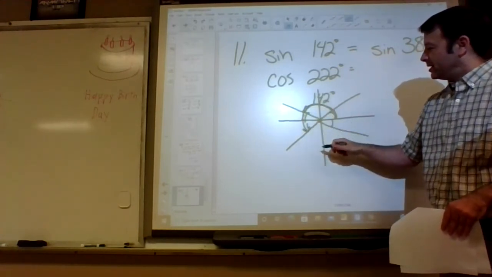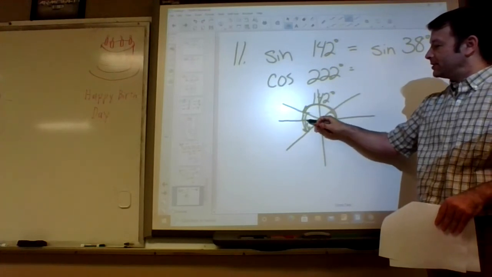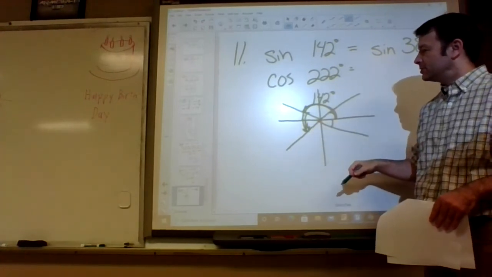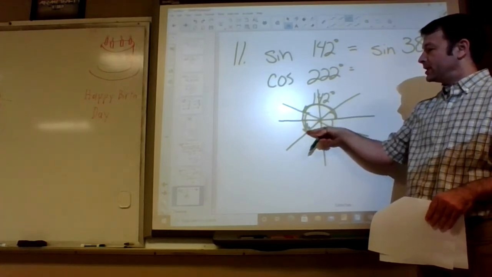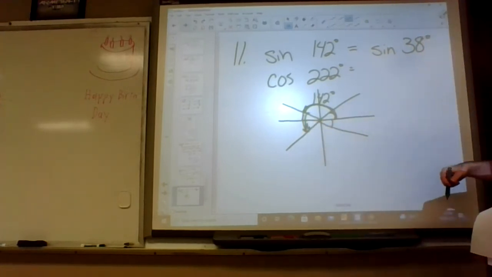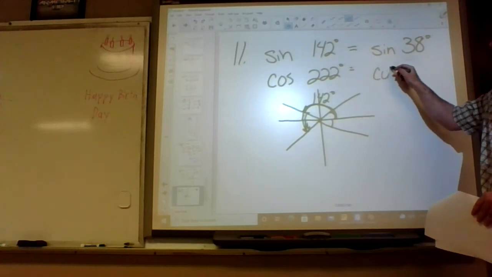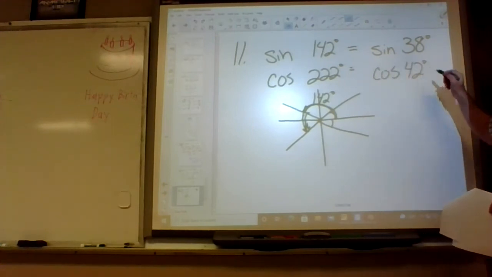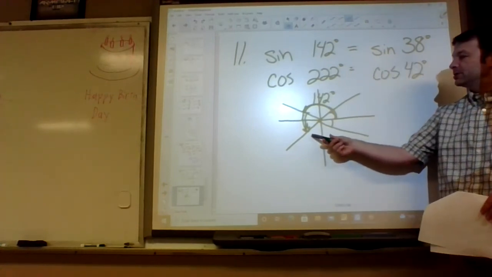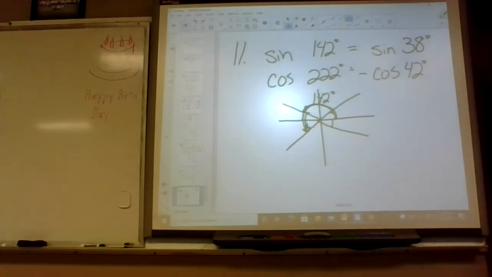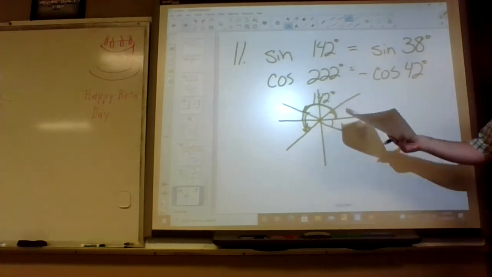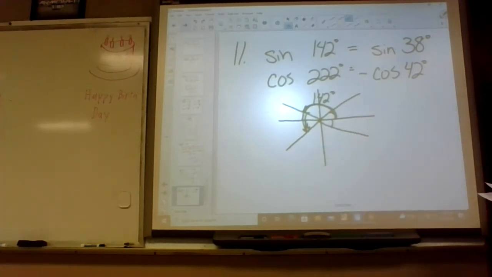Now, how do we find the reference angle if it's in the third quadrant? 222 minus 180, that'll give you that gap right there, which is 42. Is cosine positive or negative in the third quadrant? I think it is negative. Negative, so you gotta throw a negative on there. Isn't cosine and sine both negative in the third quadrant? Yeah, both of them are negative in the third quadrant, both of them are positive in the first quadrant.